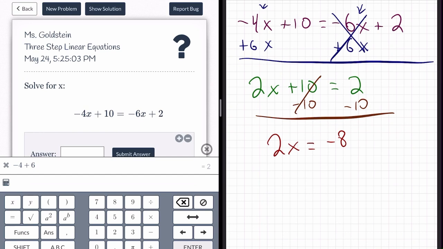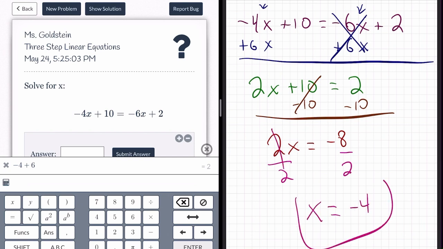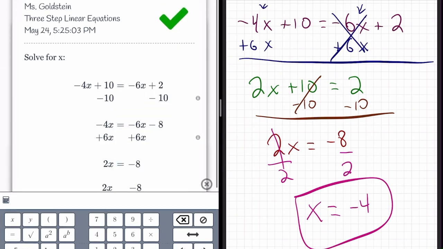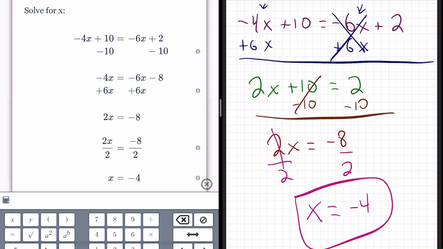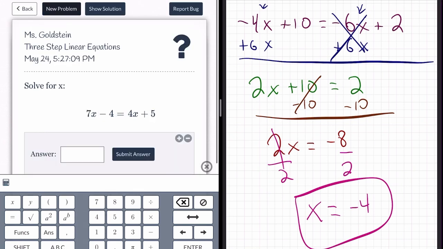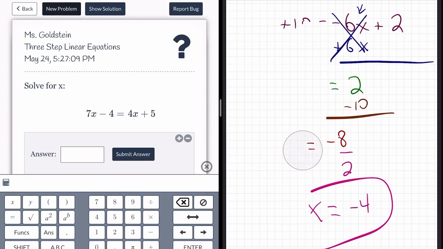Final step to get x by itself is division by whatever's next to x. X equals negative 4. Submit that. Okay, it'll show you all those steps. This was a 1, 2, 3 step equation. Let's do another one. This will be the last one.